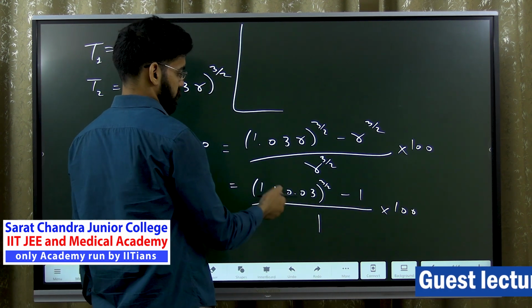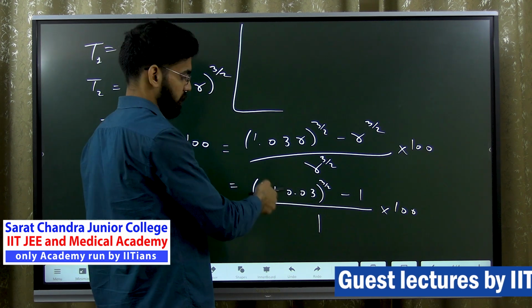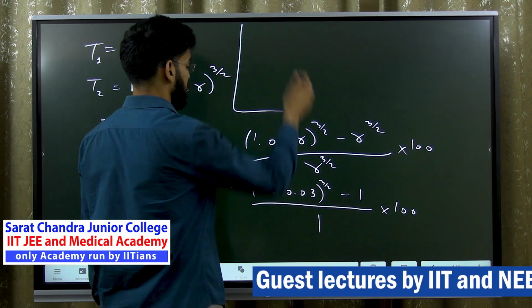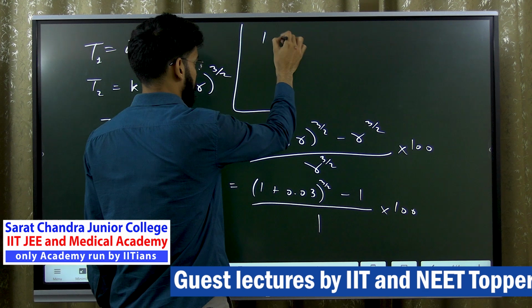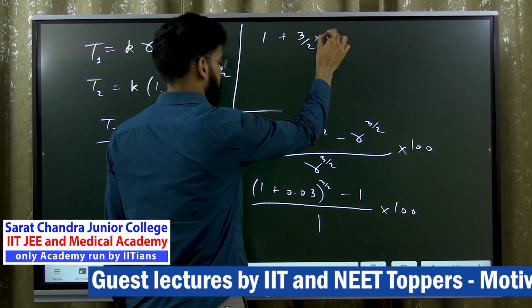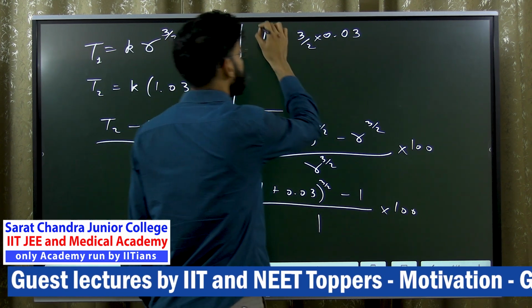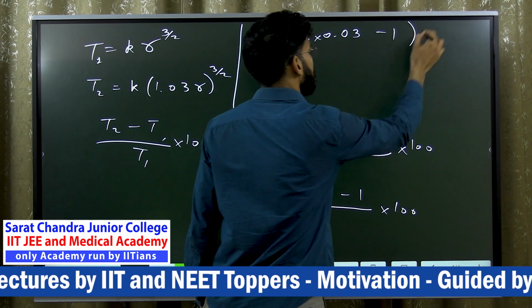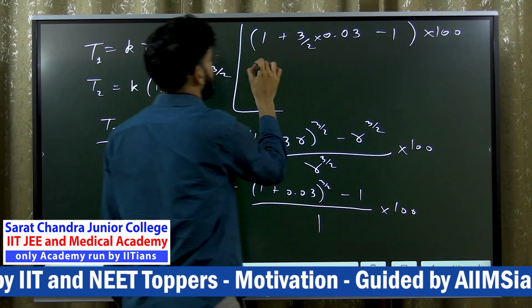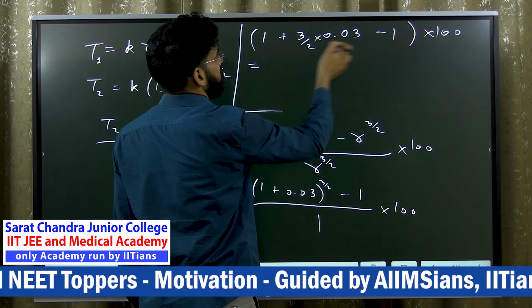See this value. 1 plus x raised to power n is 1 plus nx, right? So what I will get? 1 plus 3 by 2 into 0.03 minus 1, into 100. The 1 is 1 only in the denominator. This got cancelled out. Then 100 is there.